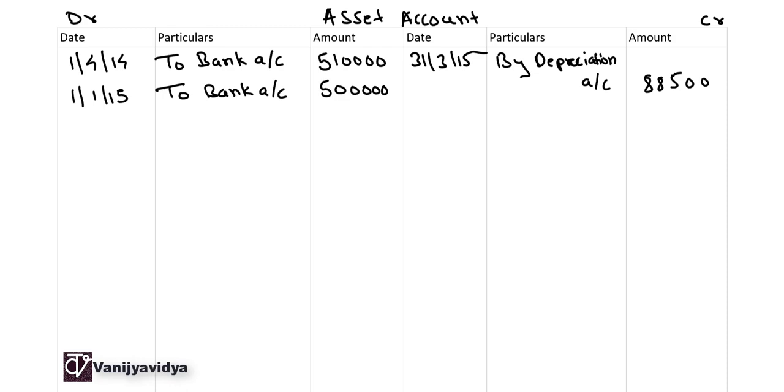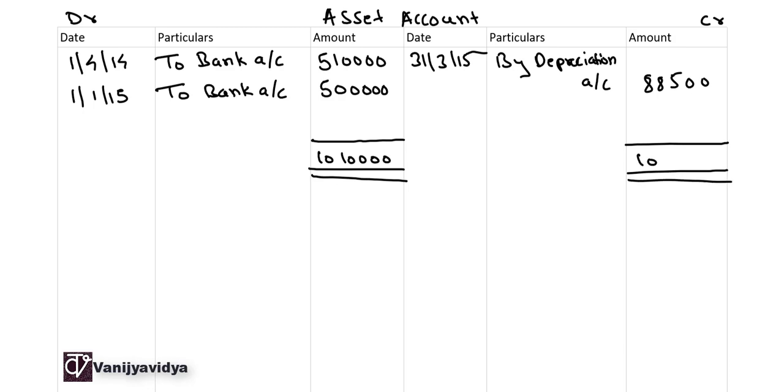Now we will close the books for the year 14-15. The total is 10,10,000 and 10,10,000, and 31st March 2015 by balance carried down 10,10,000 minus 88,500, that comes to 9,21,500.